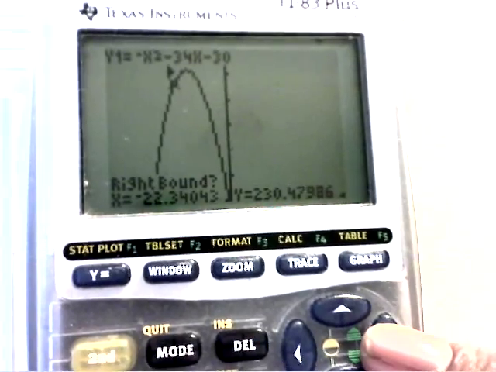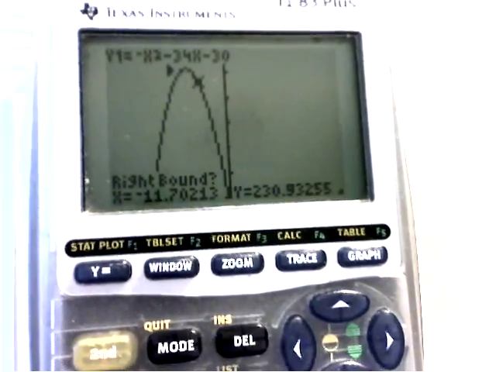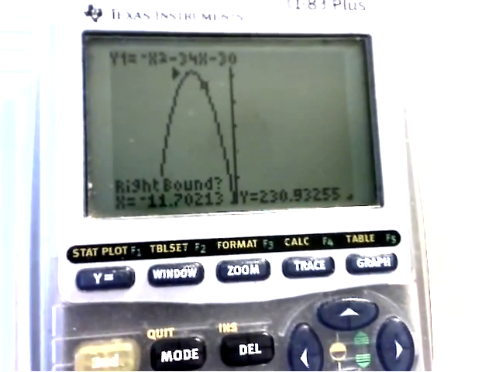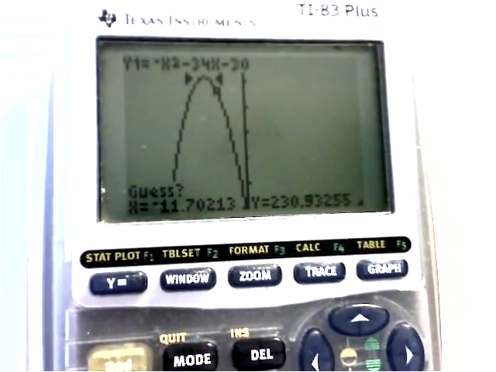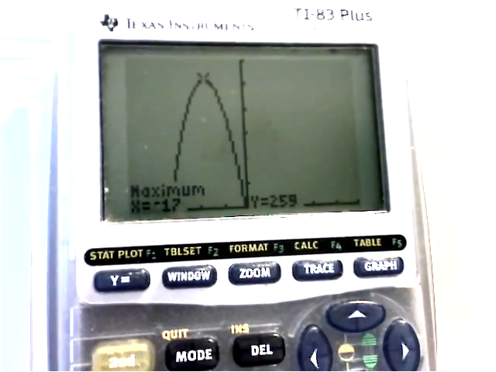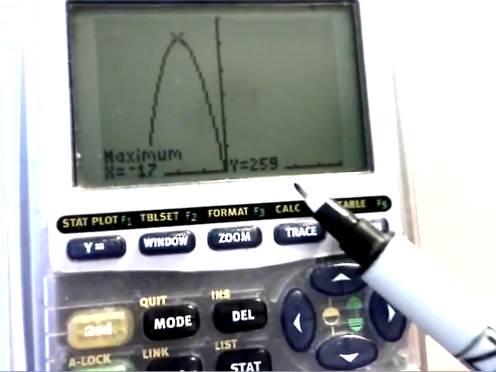And then the right bound, the cursor needs to be placed on the right-hand side of the highest point of that graph, and then press enter. Then after guess, go ahead and press enter. That maximum is negative 17 and positive 259.